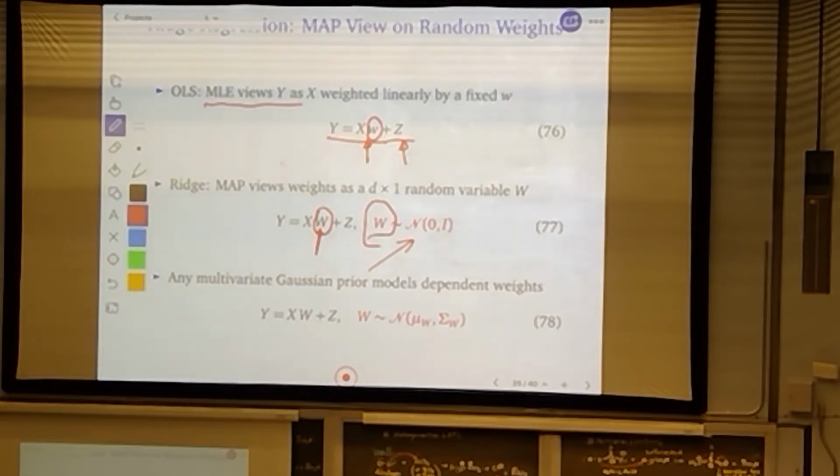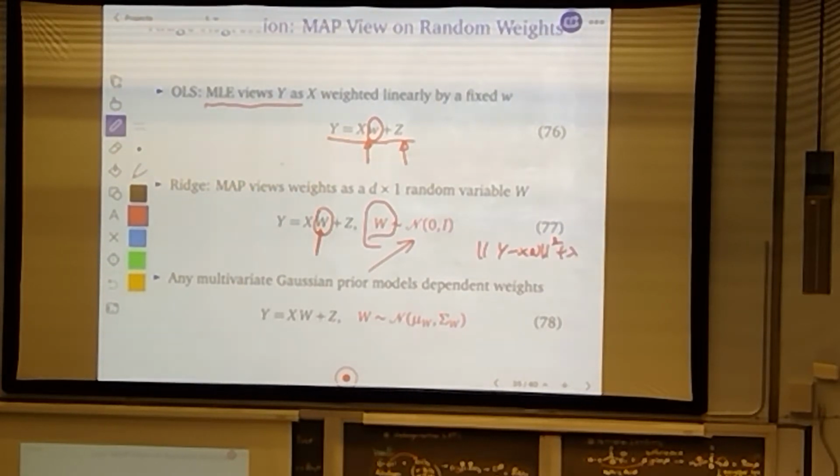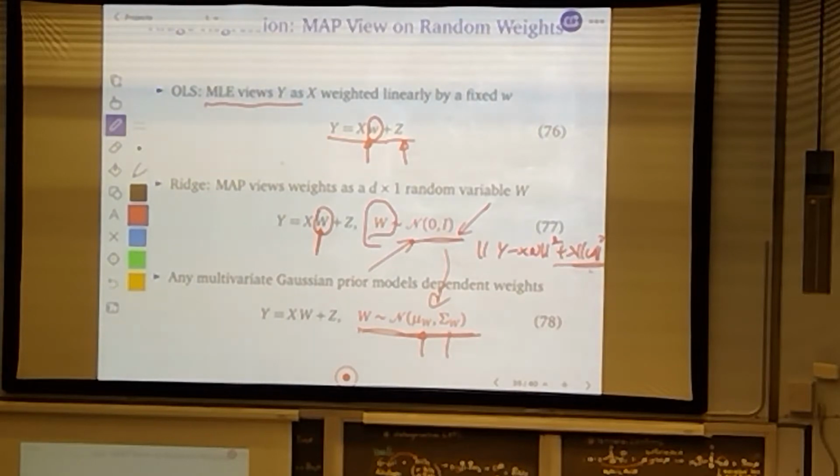Okay, that's why in the ridge we have the data term plus this term. Now, instead of this IID model for the weight space, we are going to extend it to any general Gaussian probability density function.